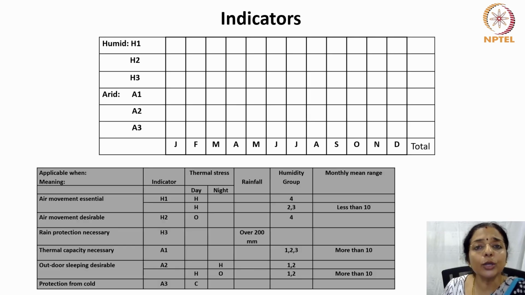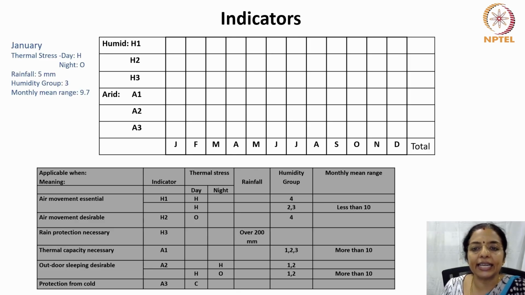Then you have indicators. So pick a month and take its thermal stress for day and night, rainfall, humidity group, and monthly mean range. We will take the example of May just to demonstrate now. Similarly, we will do it for all the months and tally it in the end.